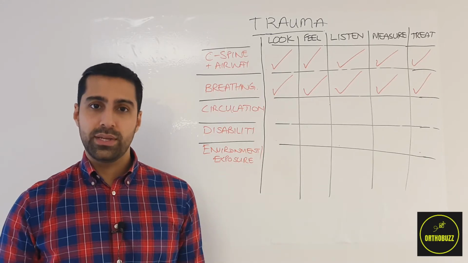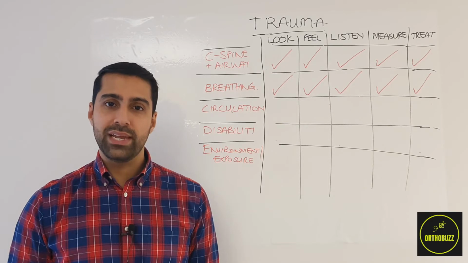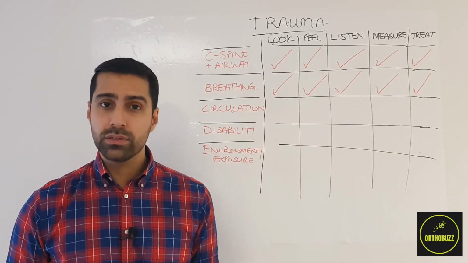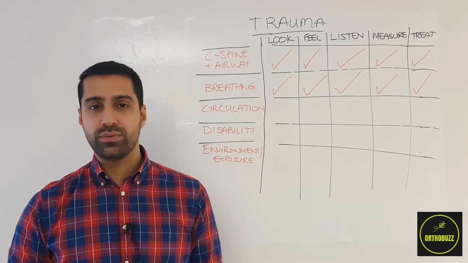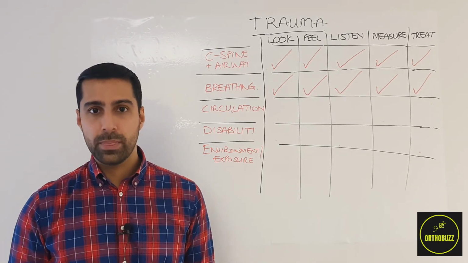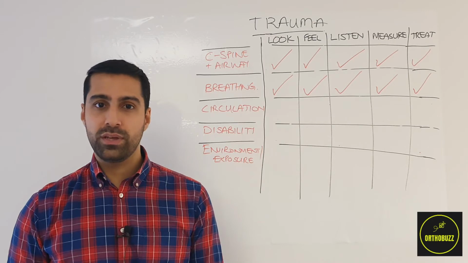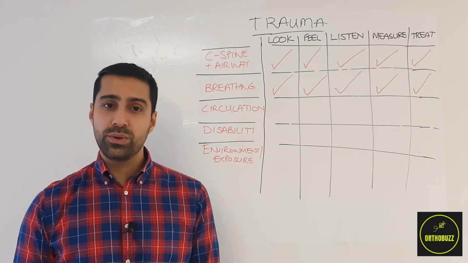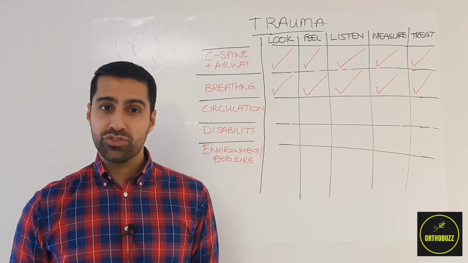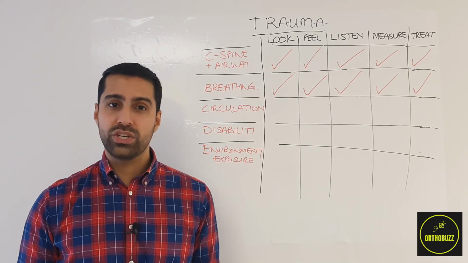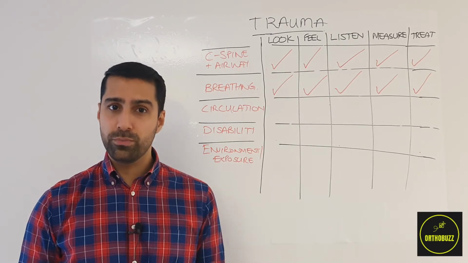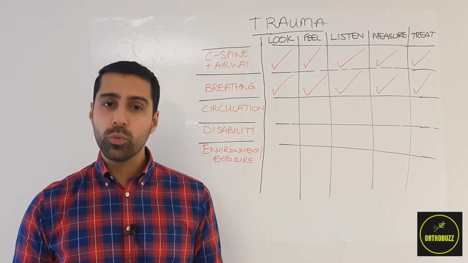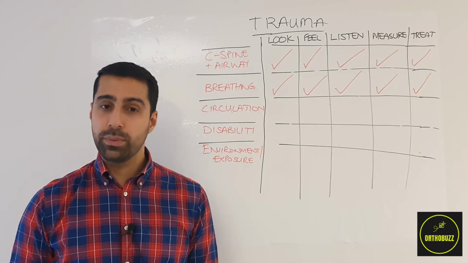And after doing that, we would then move on to feeling to see if they are cool peripherally, if they have an adequate capillary refill time, which is normally 2 to 3 seconds in the context of trauma, and to feel their radial pulse, to feel whether it's strong or whether it's thready. Now, patients who do have bleeding would vasoconstrict peripherally to preferentially perfuse central organs which are important, such as the brain, the kidney, and therefore they will be cool peripherally with an increased capillary refill time.